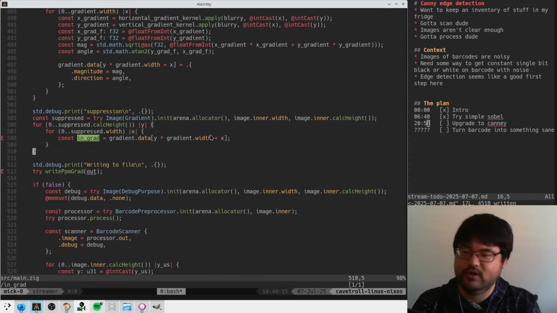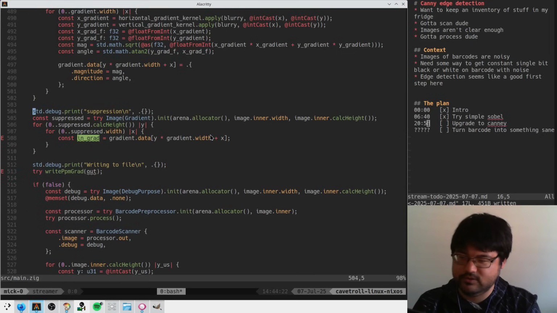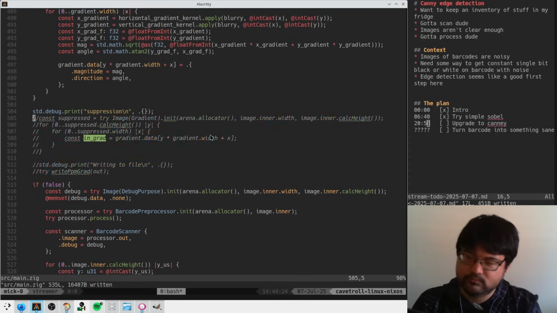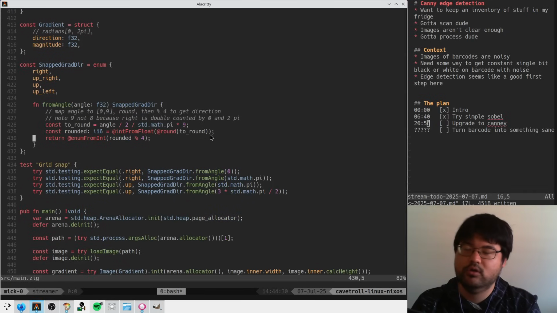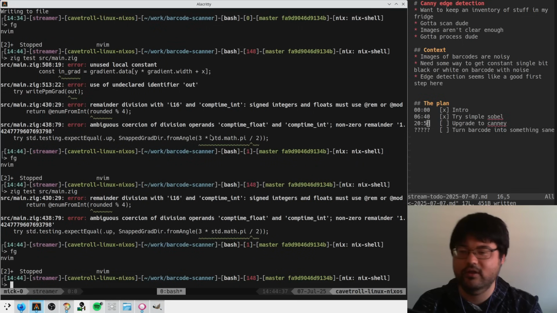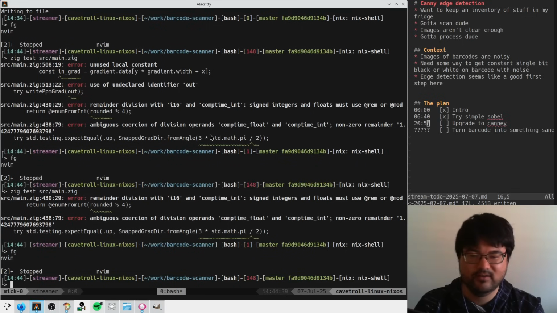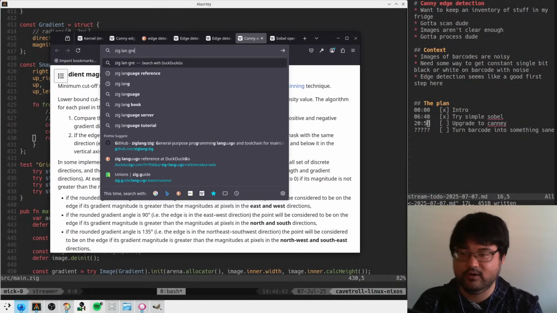He's mad about some other stuff here. Can we just comment this out for a second so that the test can run? Rounded. Oh. How does mod work with negative numbers here? Zig Lang reference.